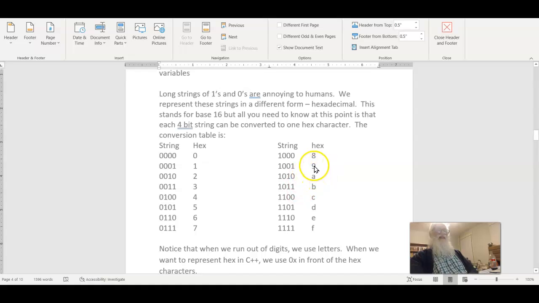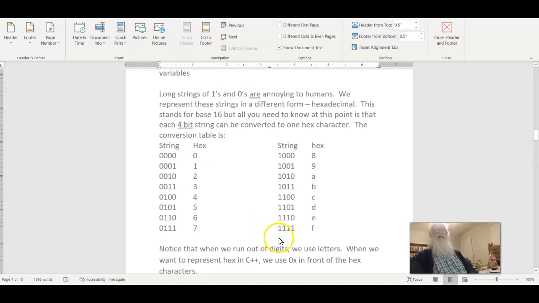We run out of digits after 9, so we use the first 6 letters, A through F. So F represents 1111, and that's the largest value you can get in 4 digits. You can't go higher than that. If you want to go to 16, you're going to have 5 digits.